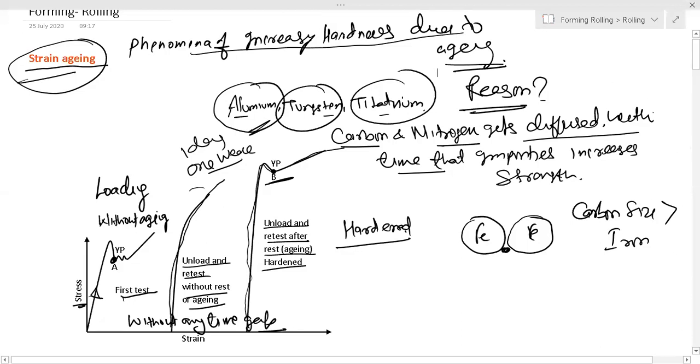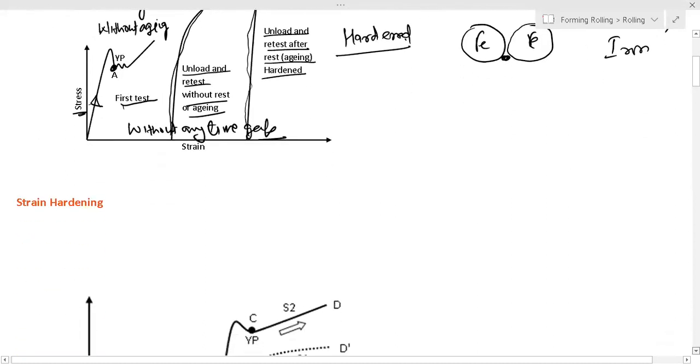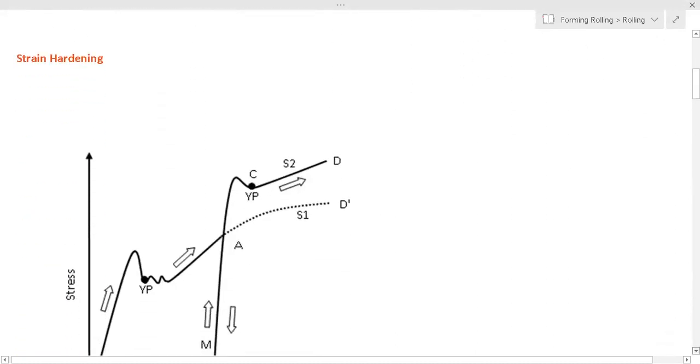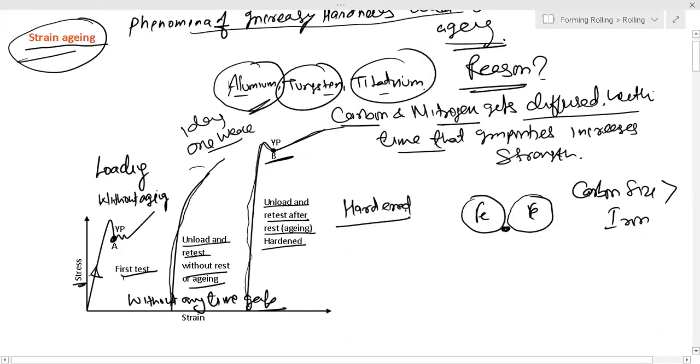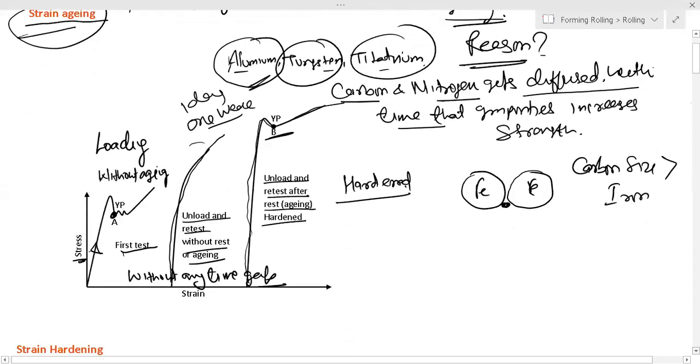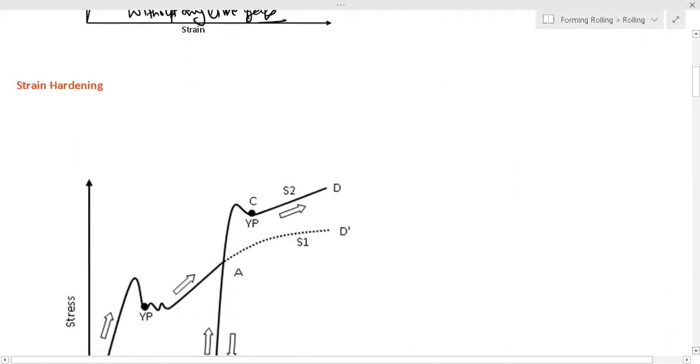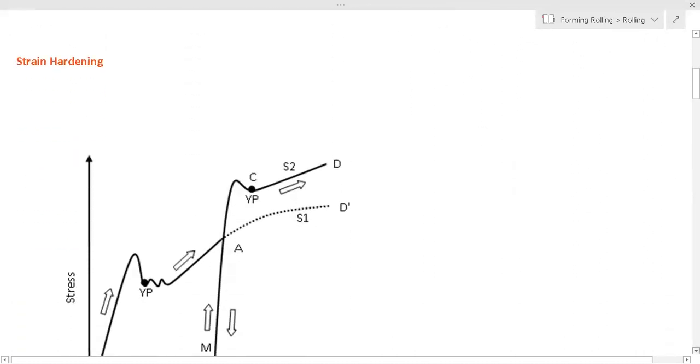Another phenomenon I am discussing, because it will be used in our forming, is strain hardening. Strain hardening is the same, but here the time factor is not there. We call it strain hardening or work hardening.